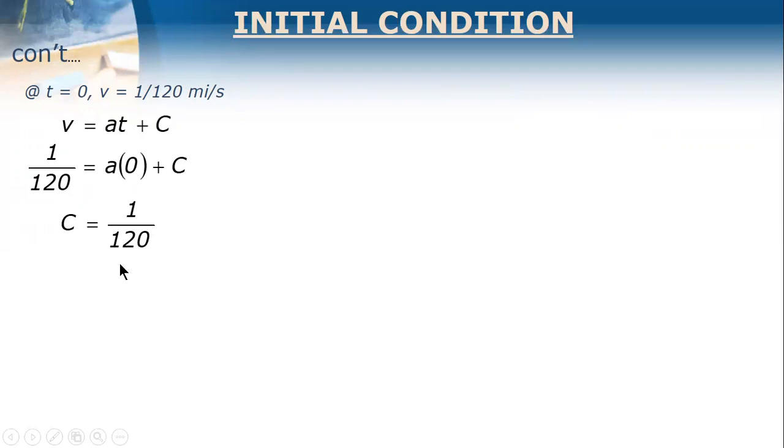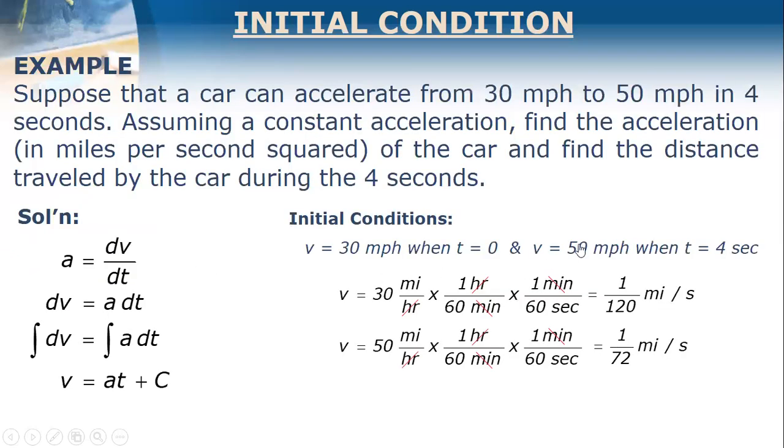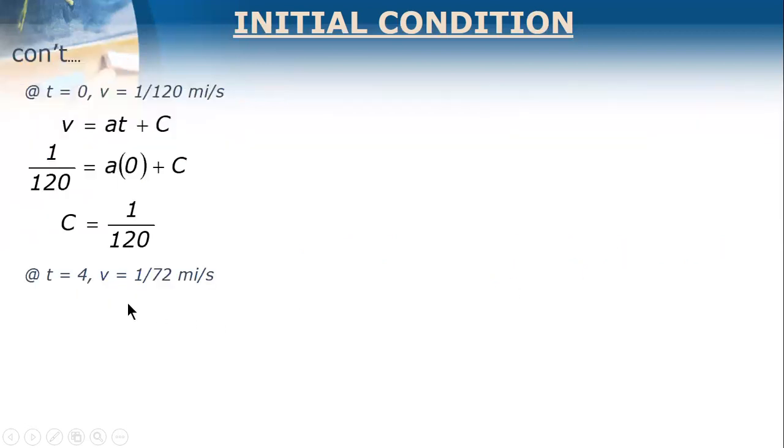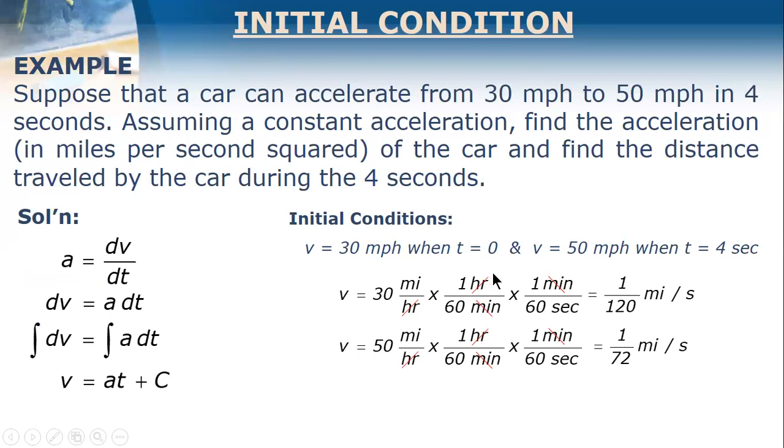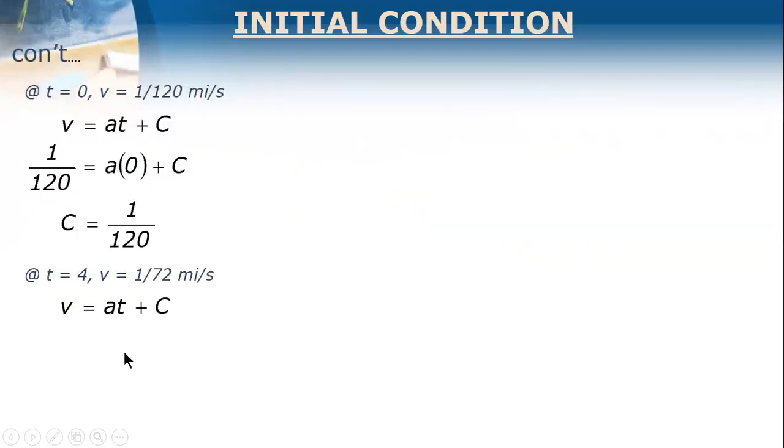And to solve for a, you use the second condition. When t is equal to 4, v is equal to 50 or 1 over 72. So use the same expression for v, 1 over 72, at t equal to 4 with c equal to 1 over 120.